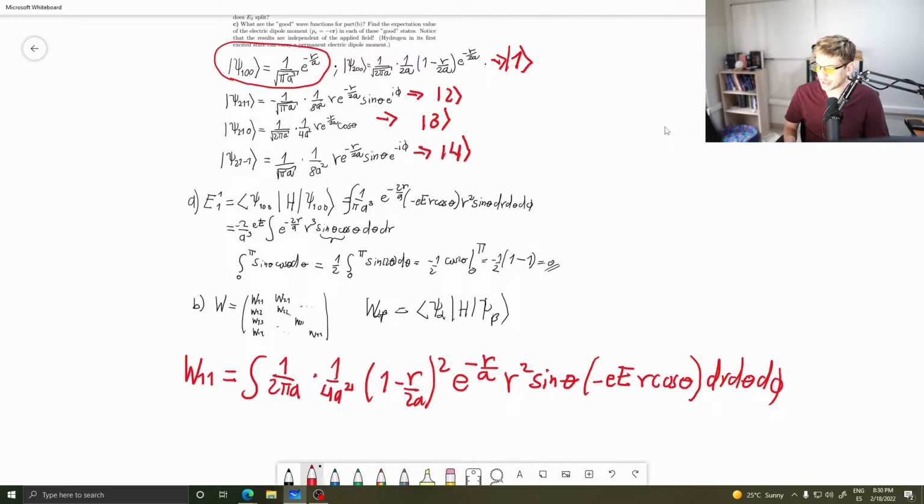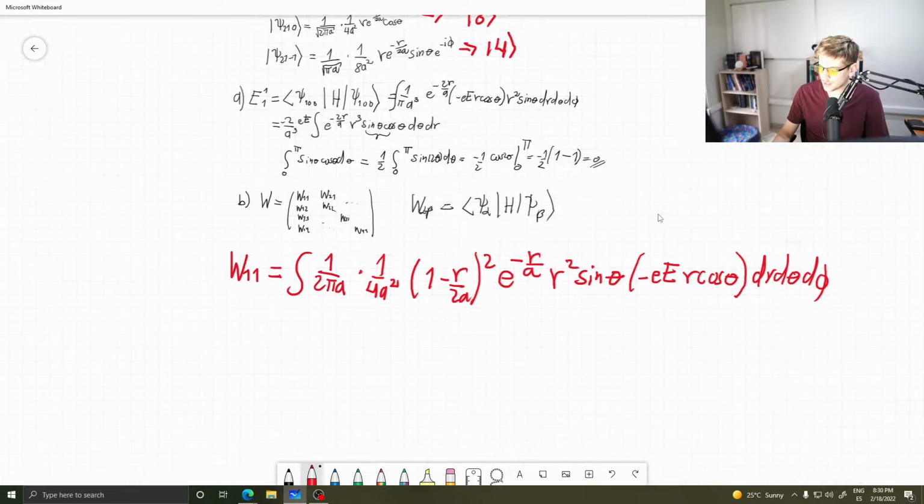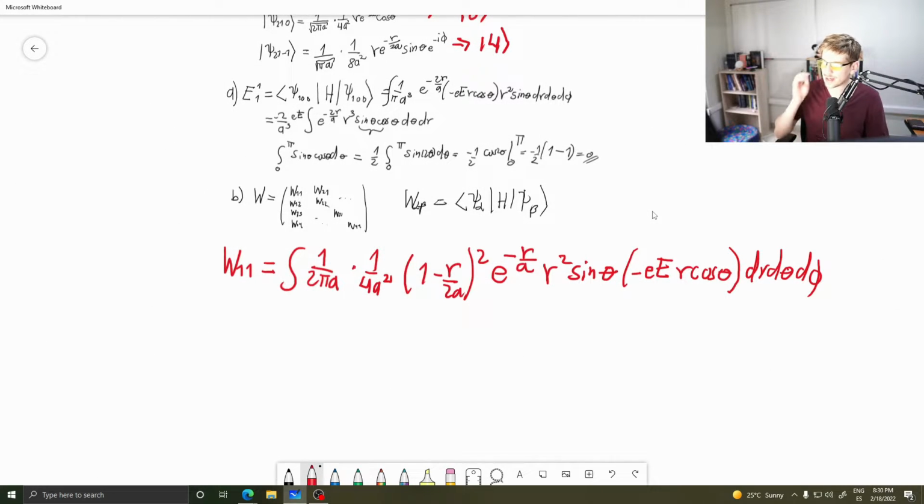Okay, now, what we will do, oops, I moved this. Okay, so we want to, again, save ourselves as much trouble as we possibly can. So could any of these integrals be 0? The phi, of course, will not. There's nothing regarding phi, so we will just get a 2 pi. The r might be, but it's a tough calculation, so I'd rather avoid it.